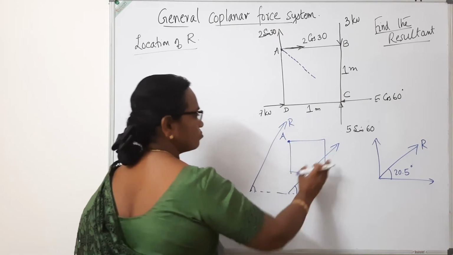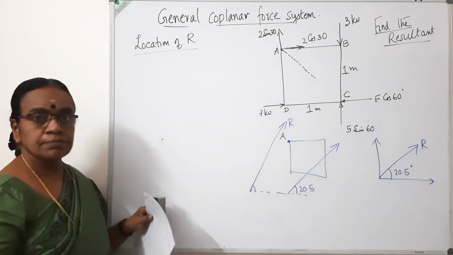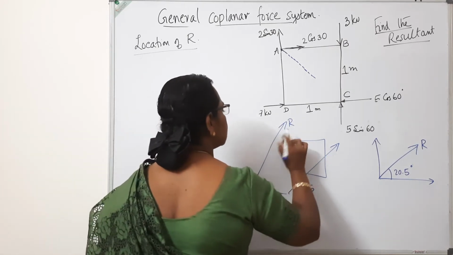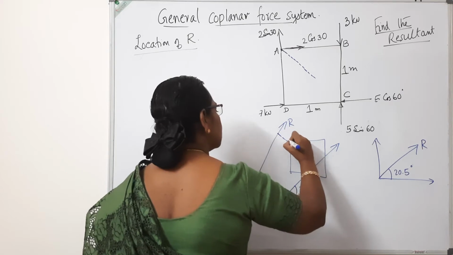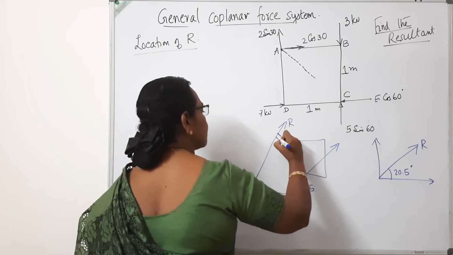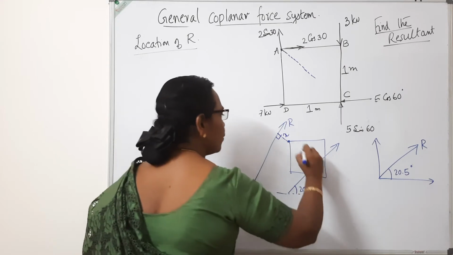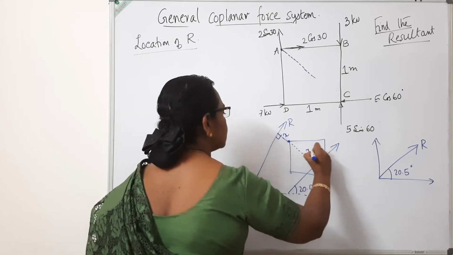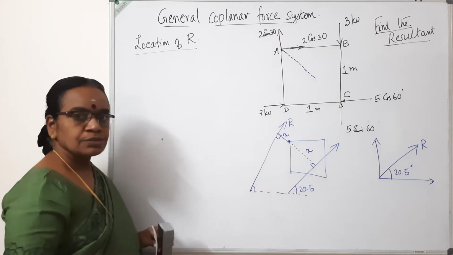We don't know where is the correct location. So the resultant is, let us assume, at a perpendicular distance. The distance of the resultant, either if it is above A, this is the perpendicular distance. Drop a perpendicular. If it is below A, drop a perpendicular. This is the distance. So we have to locate.